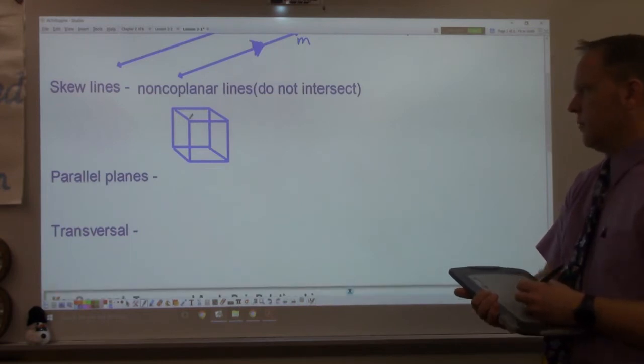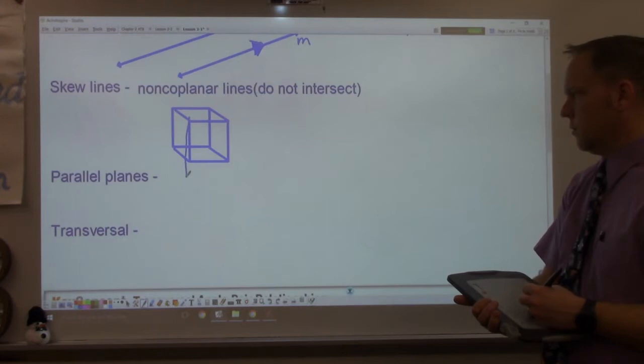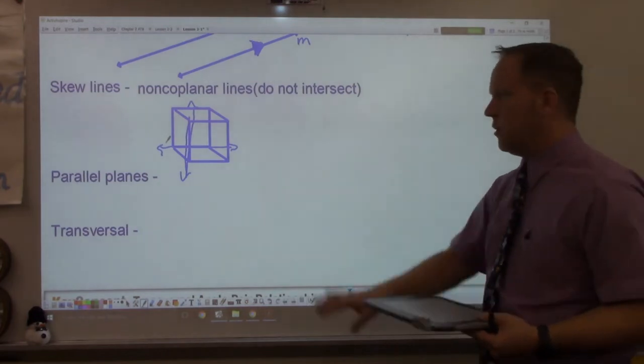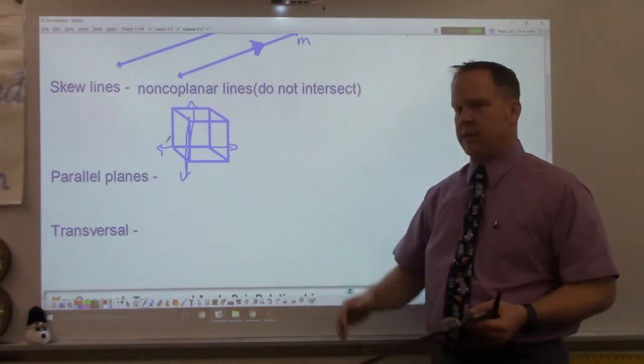So they will say like this front corner is skewed to the back bottom corner. That's just one example. There's multiple skew lines within this diagram itself.